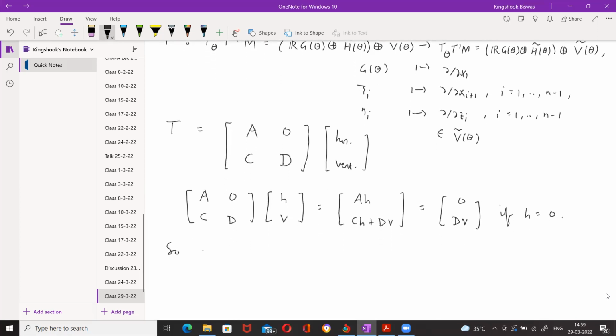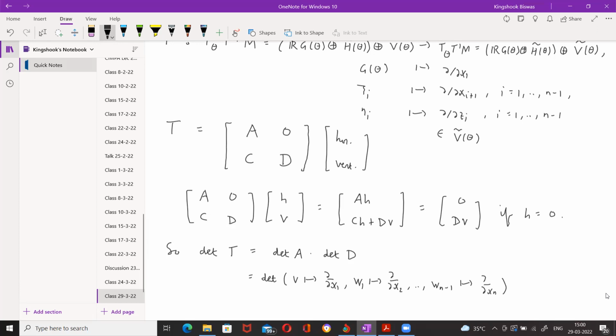So determinant T is determinant A times determinant D. Where A is, I can identify it with the matrix which sends V to del x1, W1 to del x2, and W n minus 1 to del xn, right?